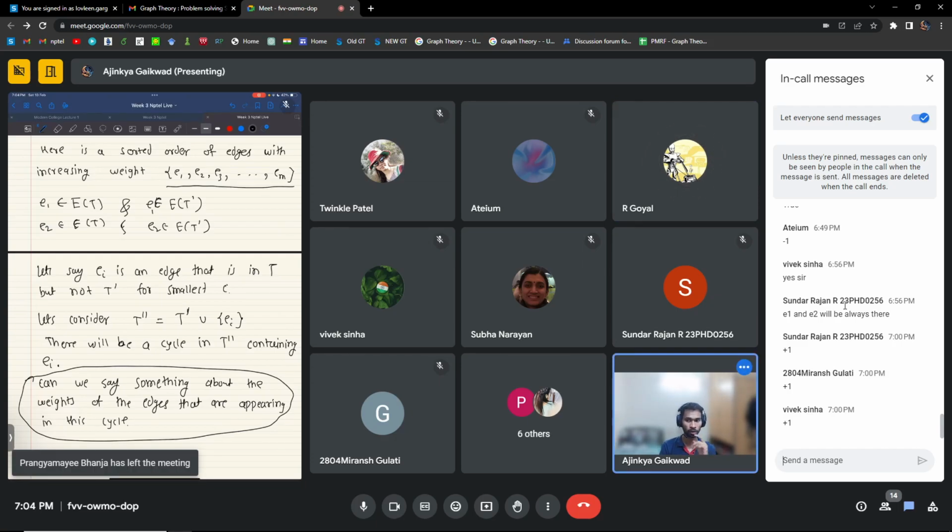So let me tell you. That's why the way I have chosen EI matters in this proof. EI is the first edge that appears in this sequence such that EI is there in T, but EI is not there in T prime.